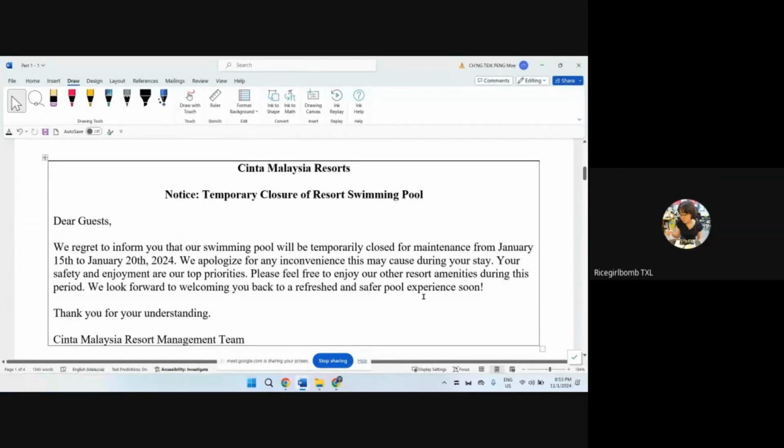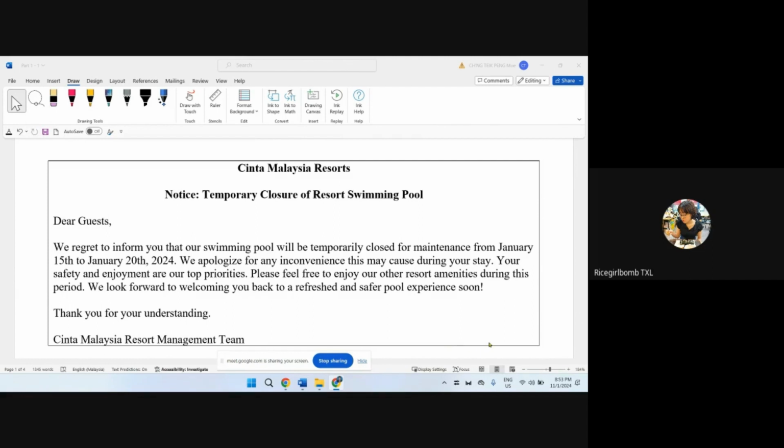Cinta Malaysia Resort. Notice: temporary closure of resort swimming pool. Dear guests, we regret to inform you that our swimming pool will be temporarily closed for maintenance from January 15 to January 2024. We apologize for any inconvenience this may cause during your stay.